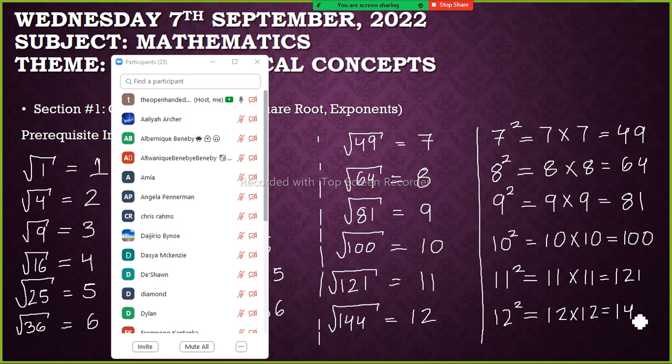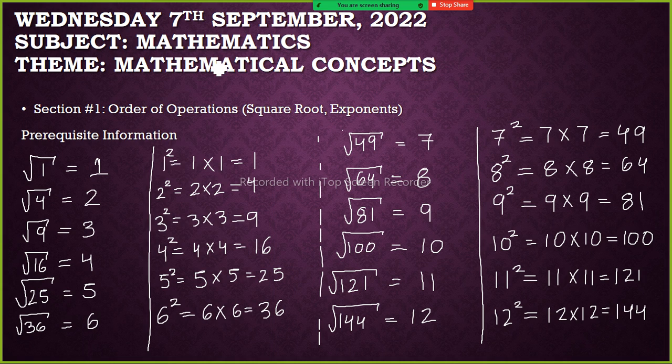Alright, so those are the complete list from 1 to 12 of our square roots and our square numbers. The cute name that we give to these numbers, 1, 4, 9, 16, 25, 36, 49, 64, 81, 100, 121, and 144, we call them perfect squares.